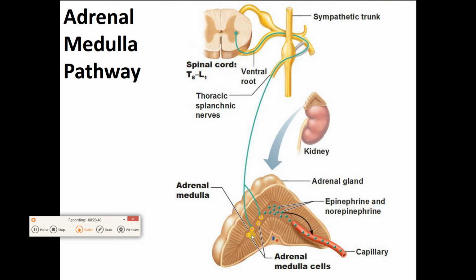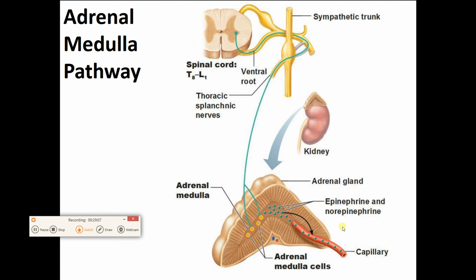In the medulla, we're going to find modified postganglionic neurons. These little yellow guys right here. They release a pair of hormones, epinephrine, also known as adrenaline, and norepinephrine, also known as noradrenaline. And these hormones are sympathetic hormones.